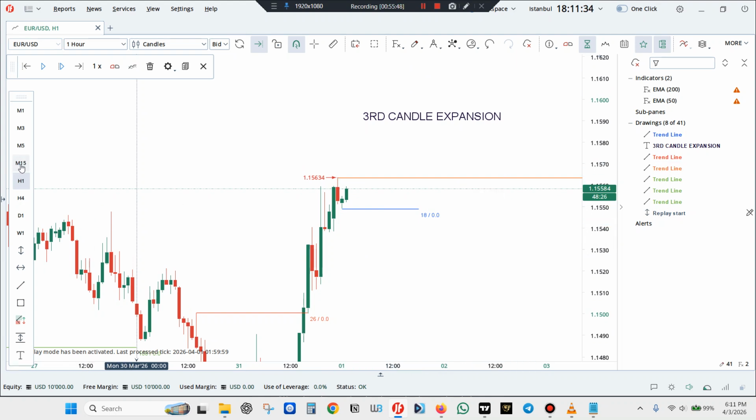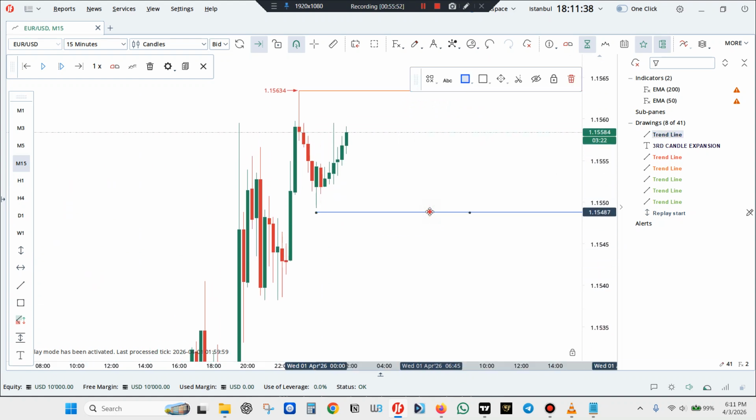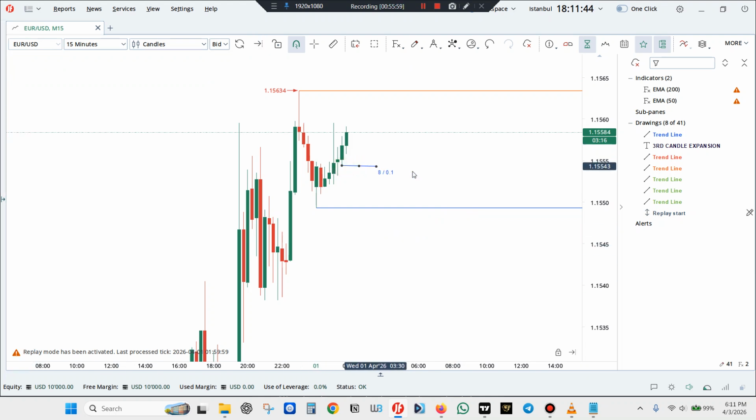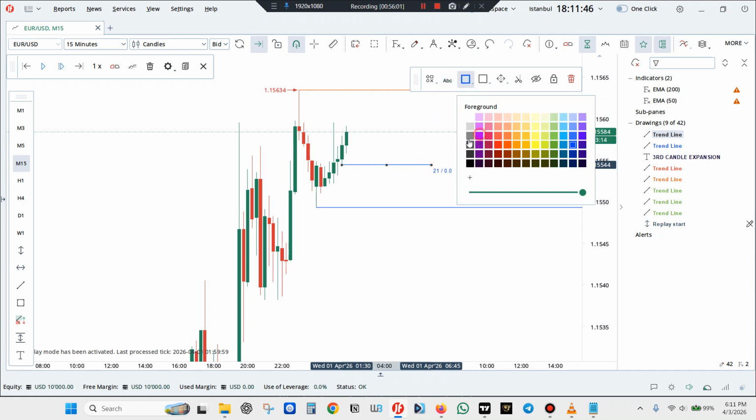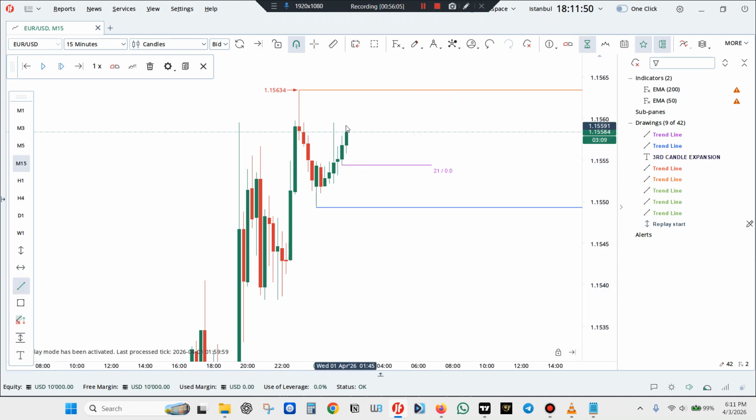So we just go to M15, mark our price reference points and entry activation. The price reference point, we have this point. And then our entry activation is the previous candle high.